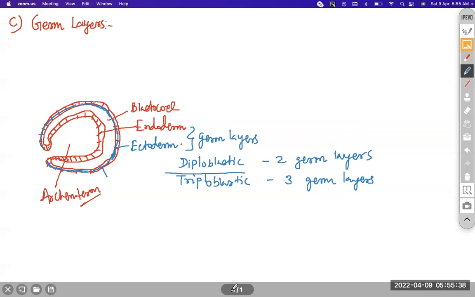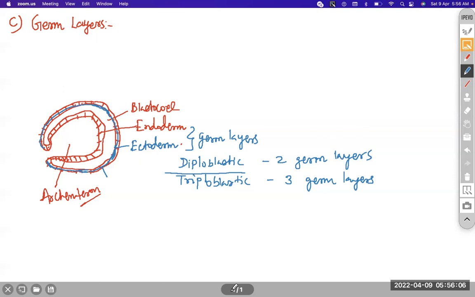In triploblastic animals, you expect to see separate mesoderm, ectoderm, and endoderm only during early embryogenesis, early developmental history. Later on, they all get mixed up, but the origin is different.